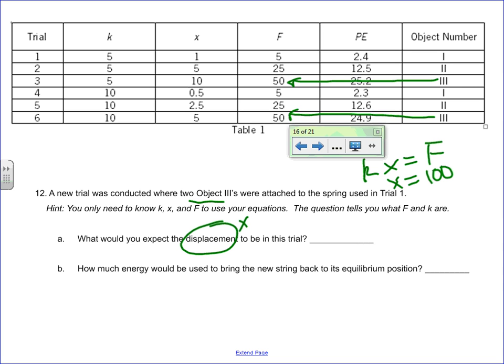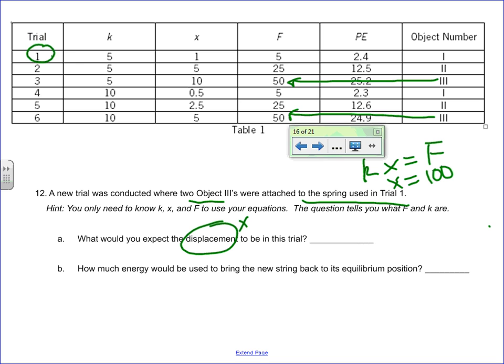But what's the K? How do you get 10 for the K? The rest of the question tells us it's the spring used in trial 1. Not 15. What was the spring used in trial 1? 5. Yep. So the trial 1 is here.